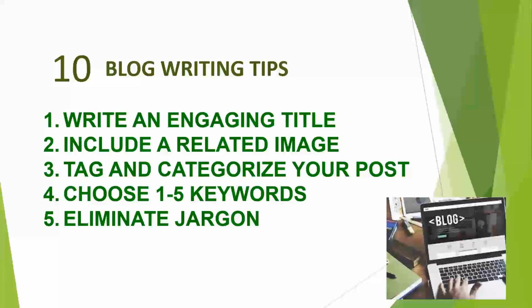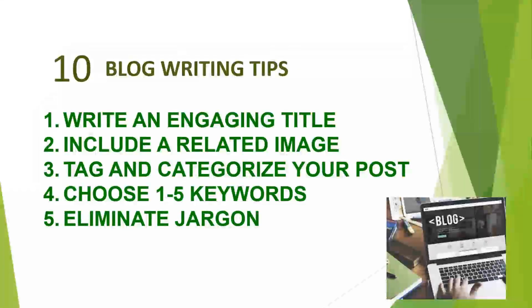You want to create an engaging title. It should say what is included in the blog, but perhaps a takeaway that someone might learn, a solution, how you're solving it. So it should attract people to come and want to learn more. Include a related image, something that speaks to what the content or topic is. Tag and categorize your post.